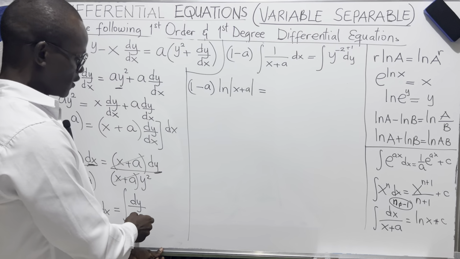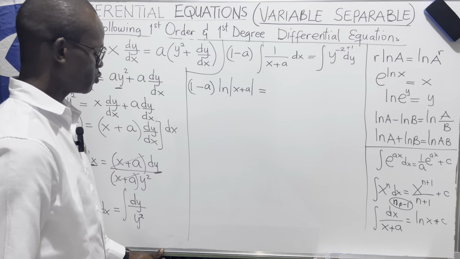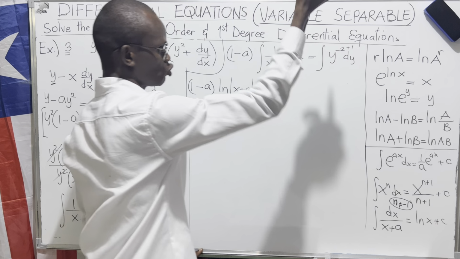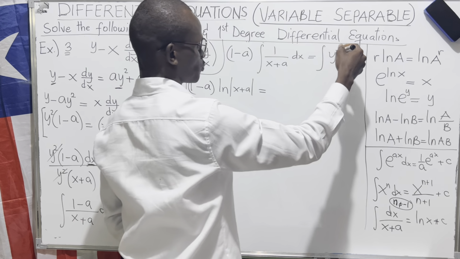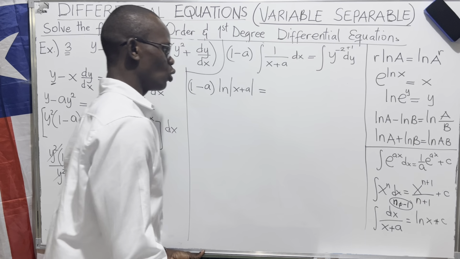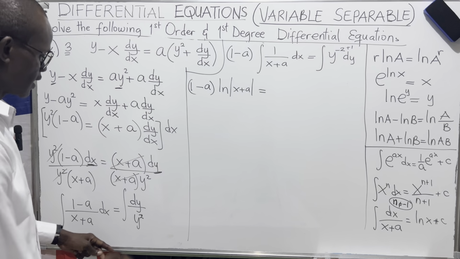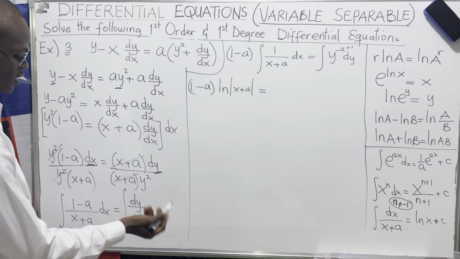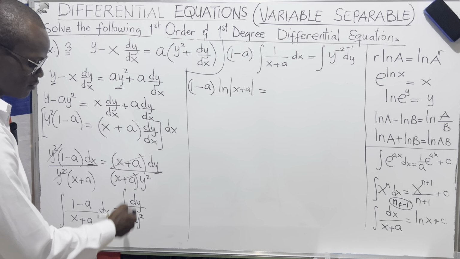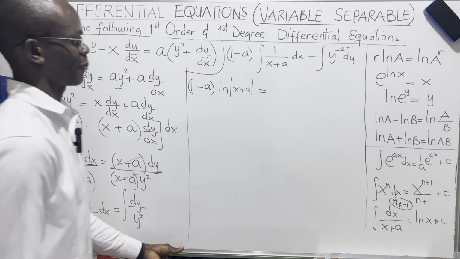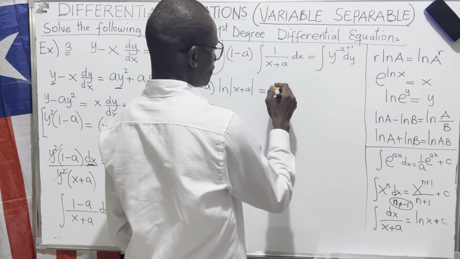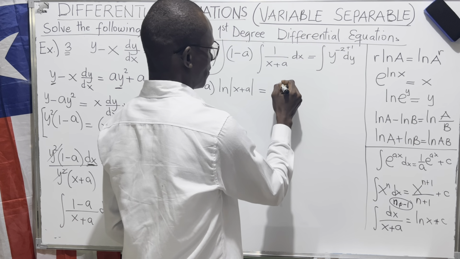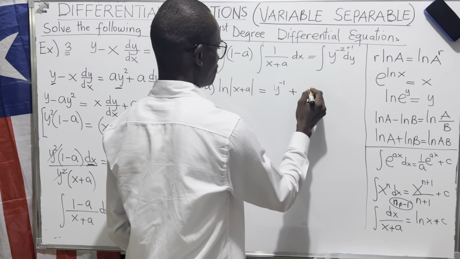If it was positive 1, we wouldn't have sent it up, but because it is minus 2, we can. So we add 1 to that power, and it gives us y to the power minus 1 plus some arbitrary constant.